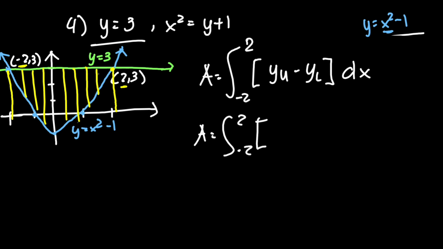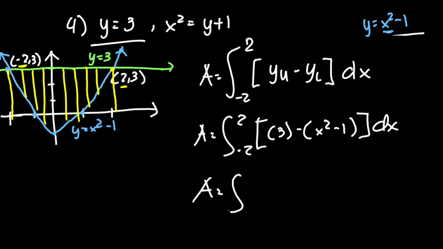Y upper right here, it touches this line. It is equal to 3 minus y lower. It is equal to this graph, x squared minus 1 of dx. Simplify this.